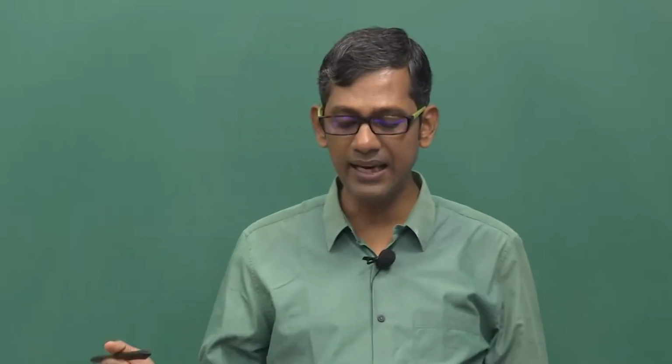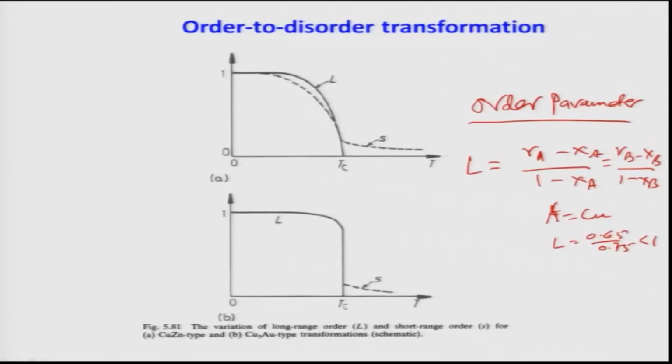So, therefore, the long-range order parameter L is 0. Why? Because Ra and Xa will be the same value, so it becomes 0. But below Tc, L is a finite value more than 0.